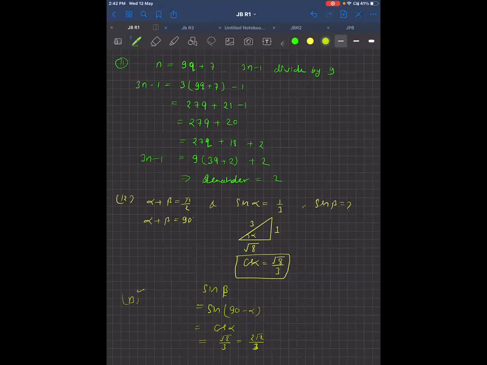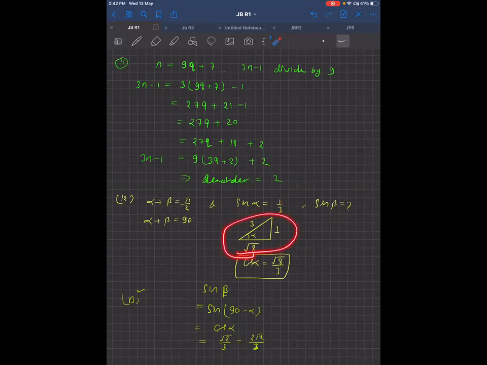Anand asks, sir, how can we say that alpha is that angle only? Hey Anand, just make any triangle and assume any angle as alpha other than 90. If you assume this one as alpha, then remember this will be the perpendicular.